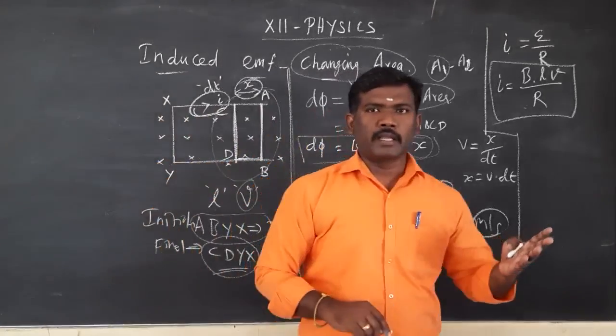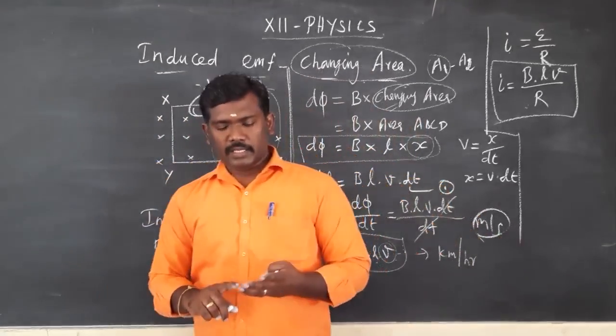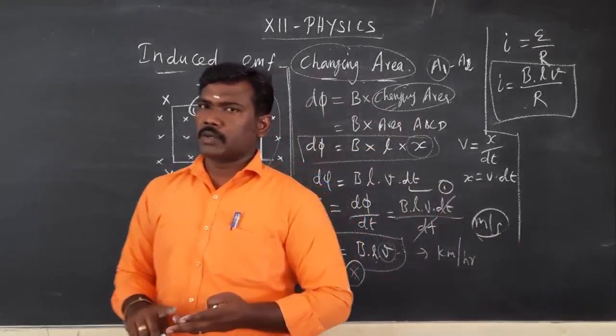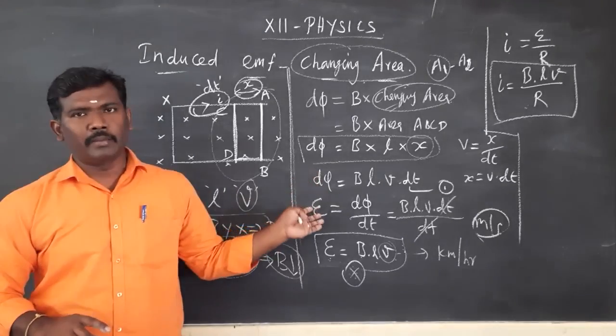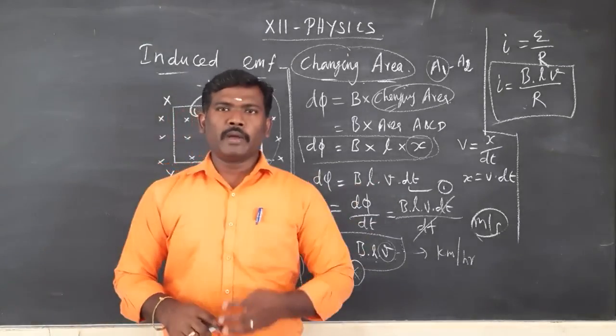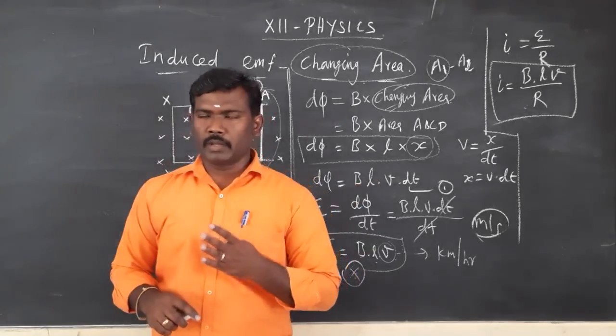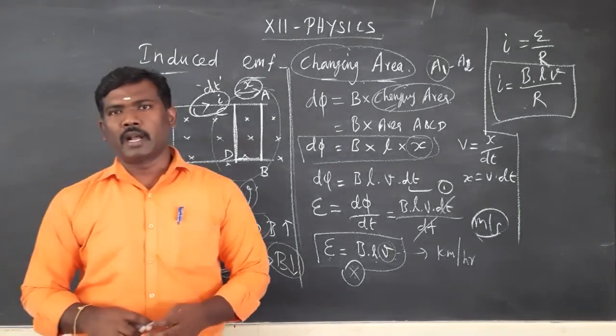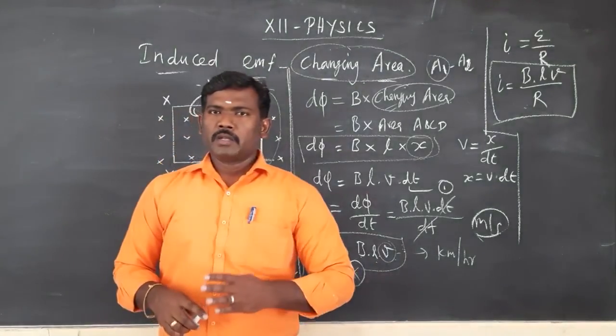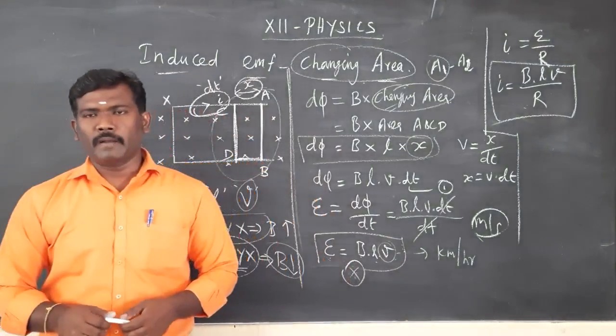So four ways are there. In this class we discussed three of them. The first two are related to the 1 mark question, and the third one is related to the 3 mark question. The last, fourth one, orientation of the coil with respect to the magnetic field, is related to the long answer, 5 mark part. So we will discuss that topic in the next class.